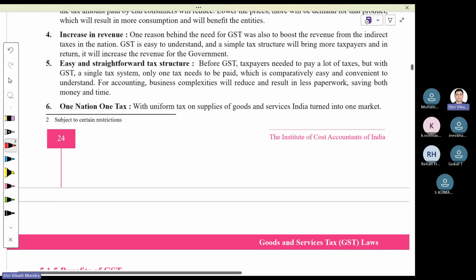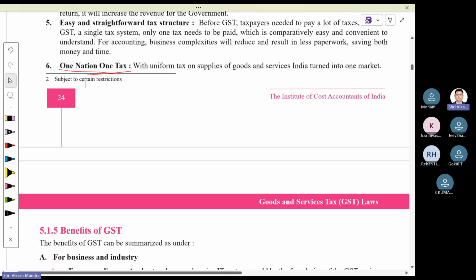Then, one nation, one tax. This is the major goal to achieve with this GST law. One nation, one tax. What is it? Earlier, what happened? Say VAT. Earlier, VAT was levied at the state level.